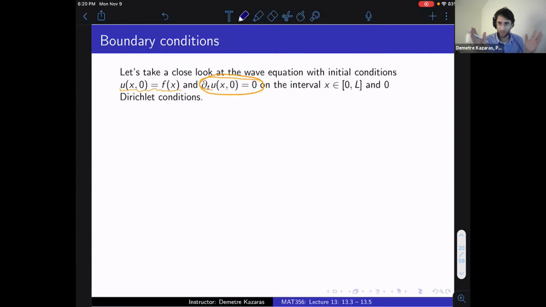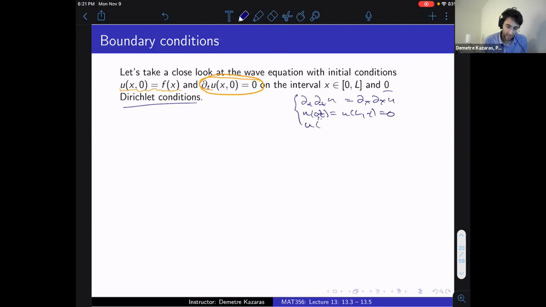Okay, so now let's do our thing. Let's impose the 0 Dirichlet conditions. So we're really trying to solve the full problem: partial t u equals partial x u. Let's make c just 1 again for clarity's sake. We're going to impose Dirichlet boundary conditions, so the string is nailed down at 0 and L. So u of 0, t is equal to u of L, t is equal to 0 for all t.